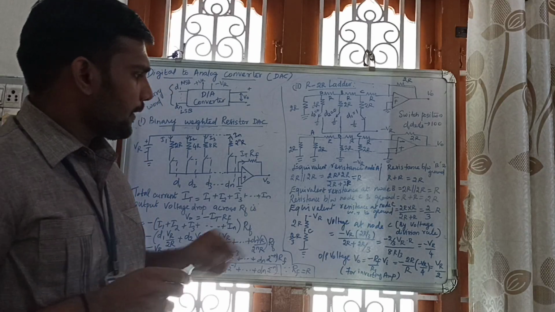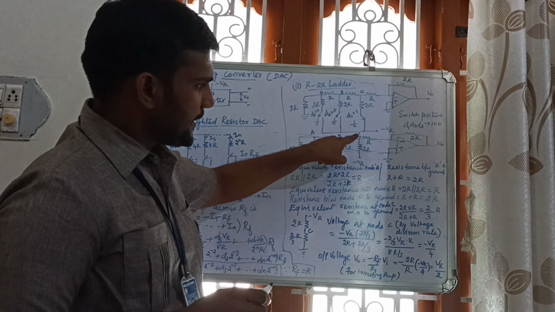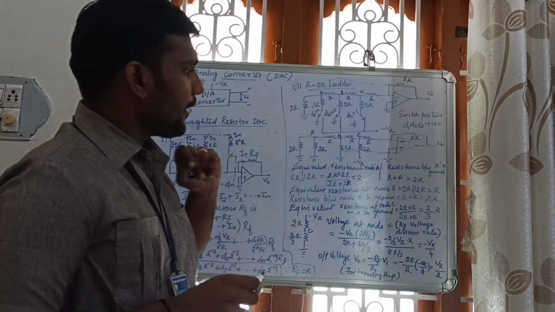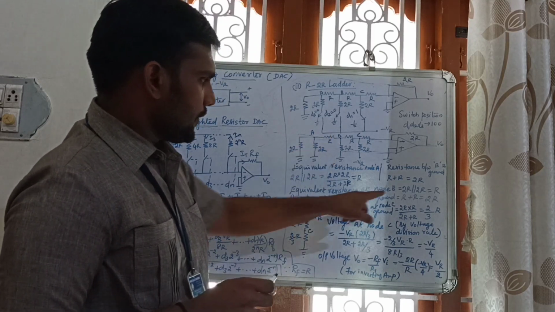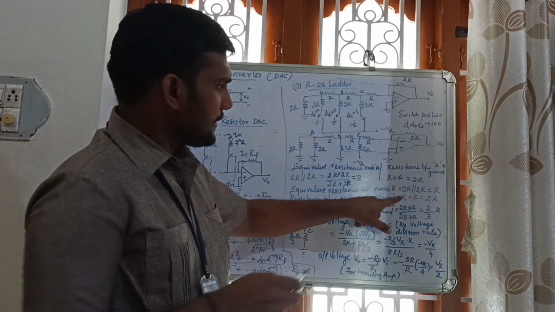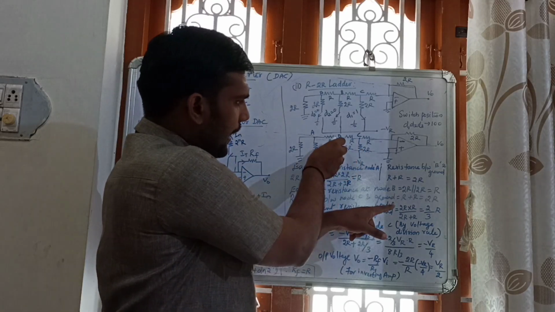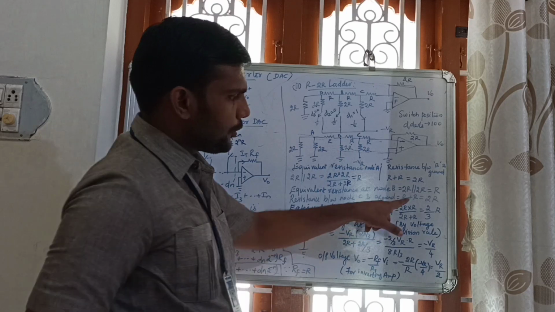After that, the resistance between C and ground. Here 2R is there already, and R is there already, so for the series combination R plus R is equal to 2R.